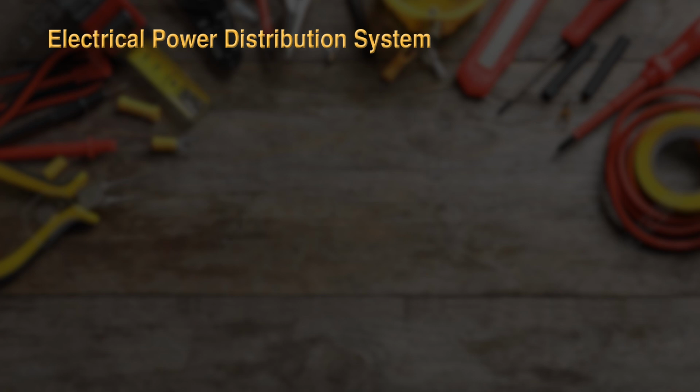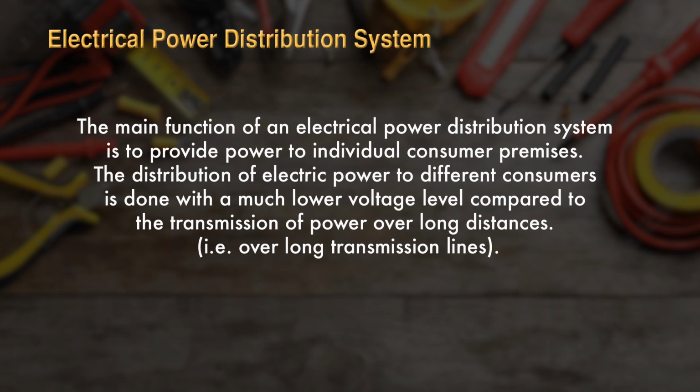Now we have to understand what the electrical power distribution system is. The main function of an electrical power distribution system is to provide power to individual consumer premises. The distribution of electrical power to different consumers is done at a much lower voltage level compared to the transmission of power over long distance.